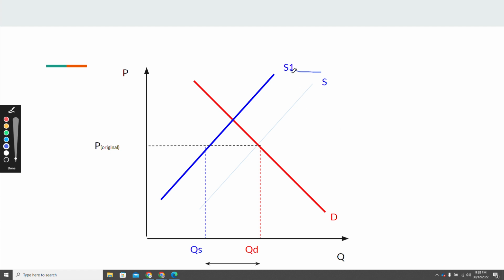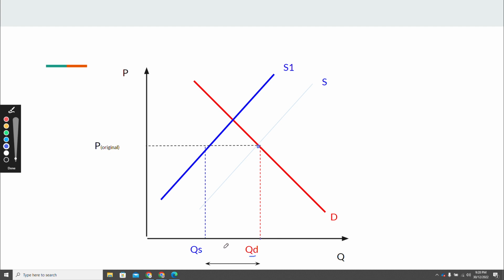So after the supply curve shifts, what we need to do is think at the current equilibrium price here, what is the situation? So what we do is we trace along the curve, and as soon as we hit the new supply curve, which is the bolded blue, we trace down to the x-axis and see the quantity supplied is here. We keep tracing along to the original demand curve and we trace down and we see the quantity demanded is there.